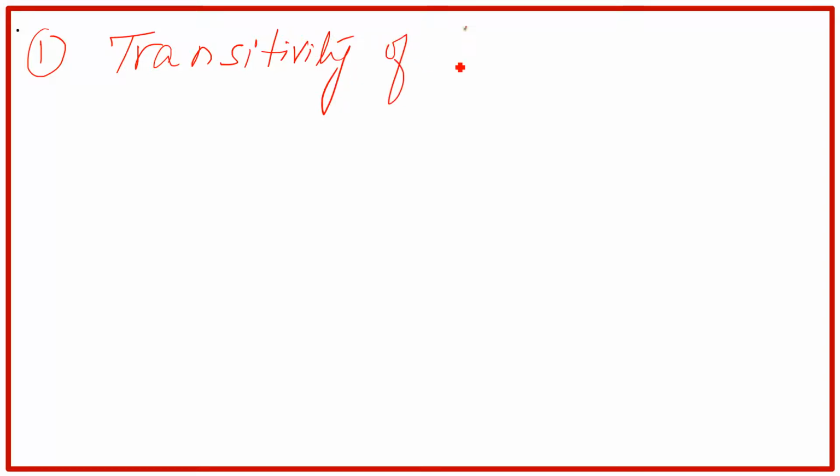So the first property is transitivity of inclusion. Now, what is the meaning of it?